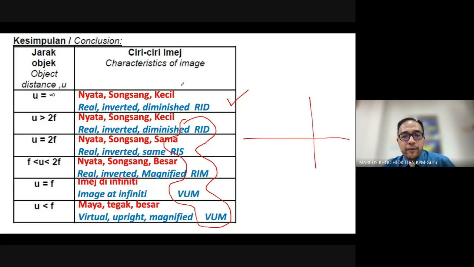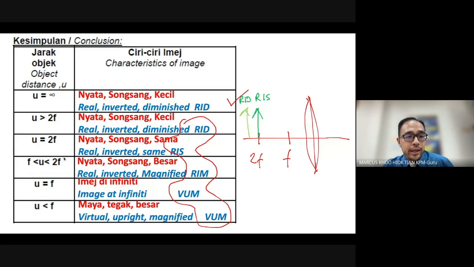You have to remember if this is the lens, okay, so this is F and this is 2F. Okay, so in order to help you, at this position, the image is RID, R-I-D. Okay, at 2F, this is RIS. And this is RID.